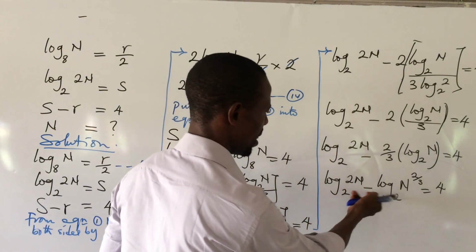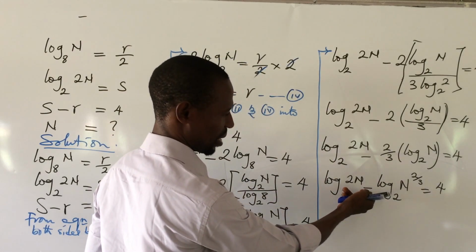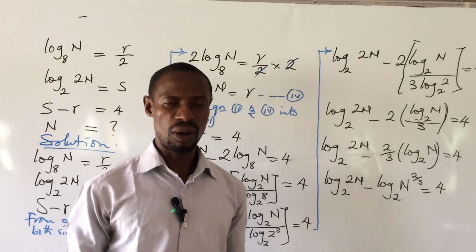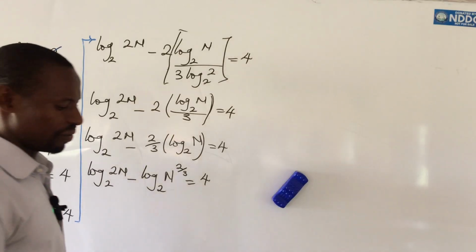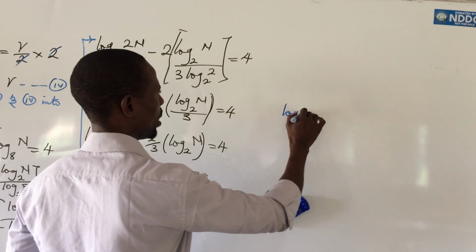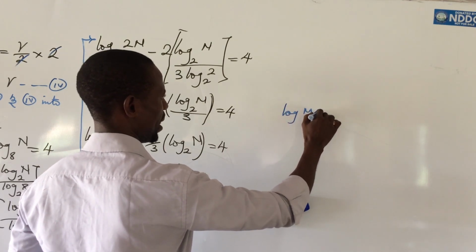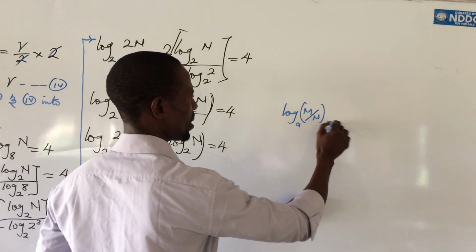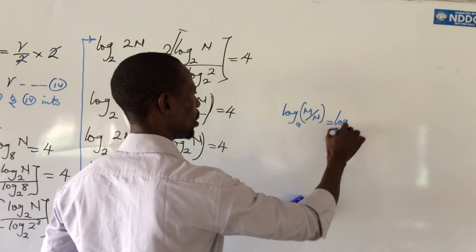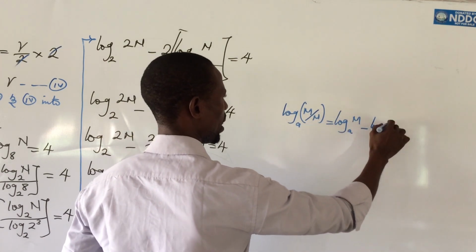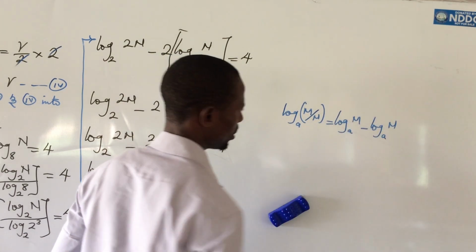We are having a subtraction here now. So we succumb to the division law of logarithm. Division law of logarithm says that if you have log m divided by n, all to the base a, this is same thing as log m base a minus log n base a.